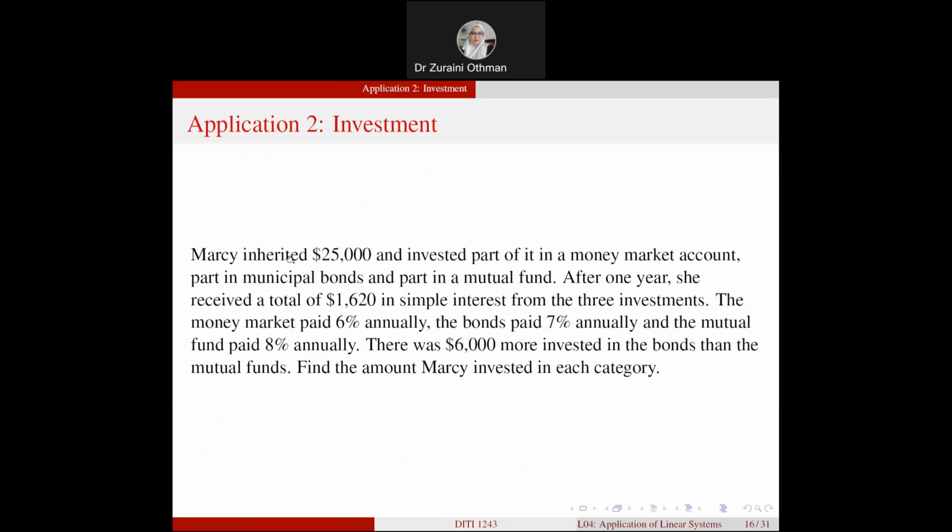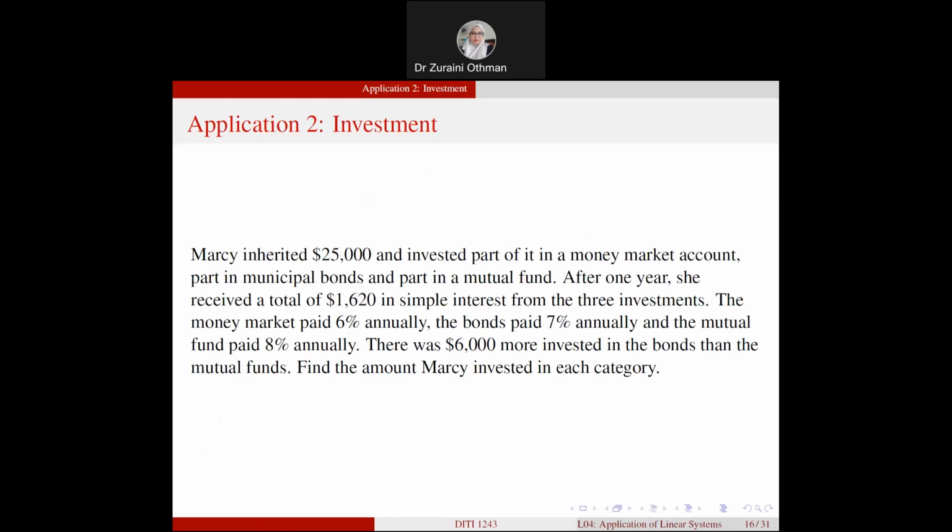Okay, maksudnya dia ada 25,000 and dia invest part of it, dia invest dalam money market account first and second is in municipal bond and the third one is in mutual fund. Maksudnya dia ada daripada 25,000 ni dia letak dekat 3 tempat. Dia invest dekat 3 tempat. Lepas tu, after 1 year, she receive a total dia dapat 1620 interest daripada ketiga-tiga investment tu.